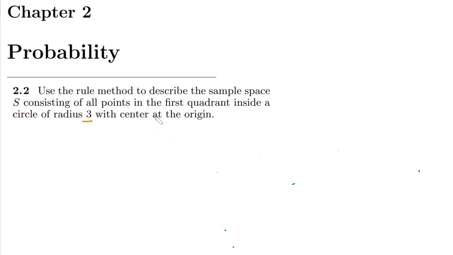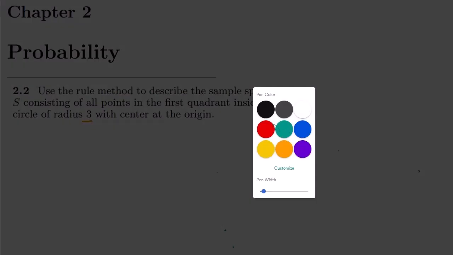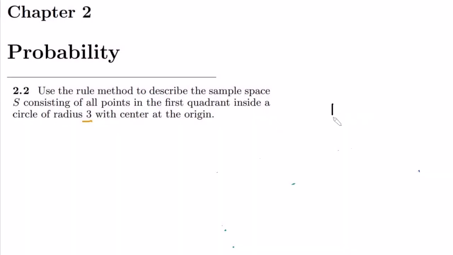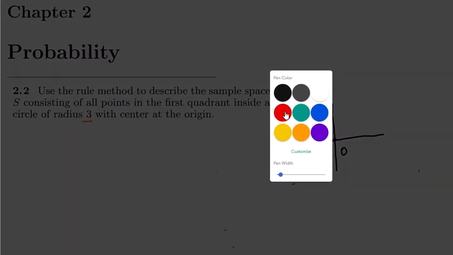So we have to use the rule method here to find all the points which are inside the circle of radius 3 and also in the first quadrant of that circle. So let me draw that circle here. If I have here the 4 quadrants, and this is the origin, what I have to do here is draw a circle.